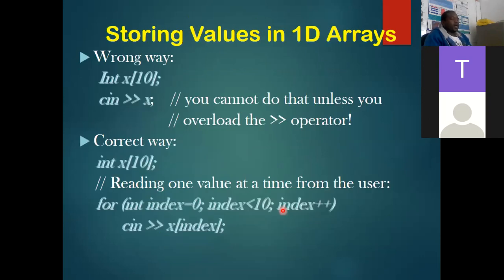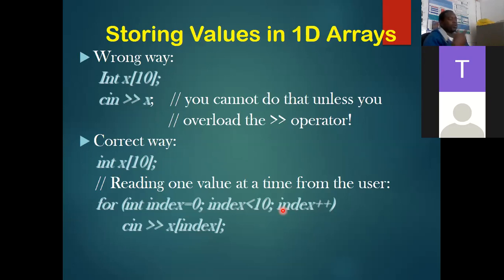So when you are storing elements in an array, it is wrong to try to store an array using the name of the array, unless you are overloading the operator for that. The correct thing would be to store using an index. So x[10] means the value which will be taken will be element number 11 in your array. Or you can just read the values using a loop.